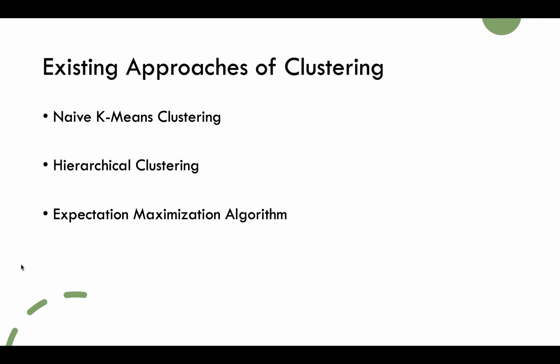The second approach is divisive clustering, in which the whole data set begins as one single giant cluster and is then divided into several clusters as per the requirements of the use case. And the last clustering algorithm is expectation maximization.